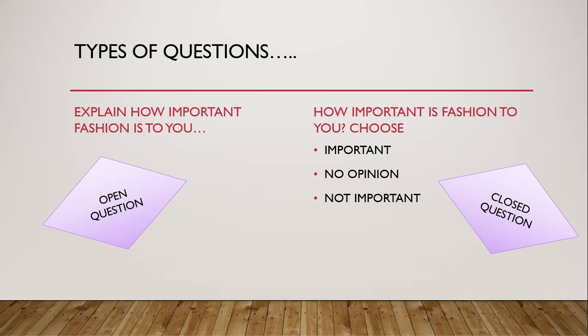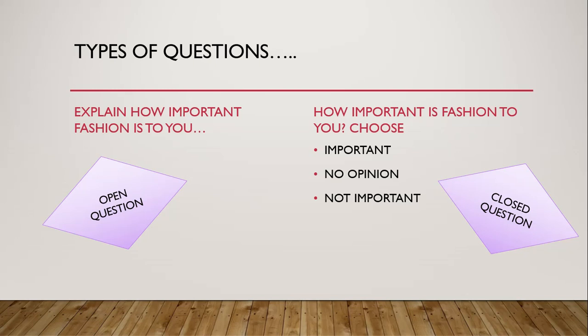Now, from here, you might have understood these are the two ways in which you can ask the same question. For the first way, the person who is giving the reply will have to write a proper sentence to give the answer. But in the second case, the person can just tick mark from the given choices.